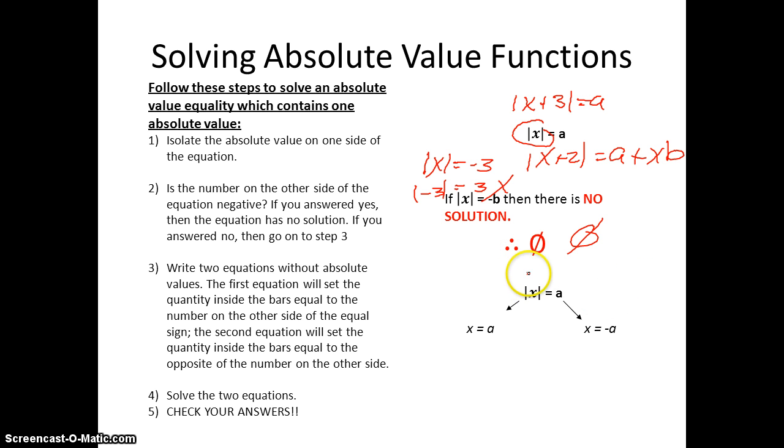For example, say we have the absolute value of x equals 3. Now, x can equal a, so x equals 3. But x can also equal negative 3, because if we put in a negative 3, the absolute value of negative 3 still gives us a 3 as an answer.